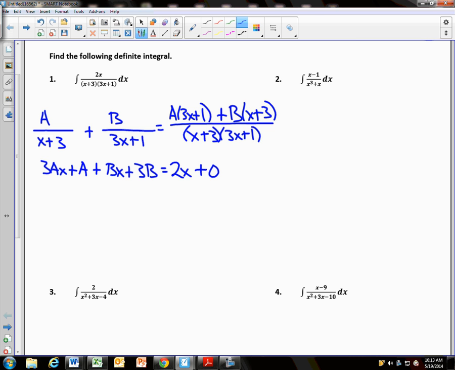So, if you look, I have, again, 3Ax and Bx. Those are my x terms. And if I were to add 3Ax's and Bx's, I would have to come up with how many x's? 2.